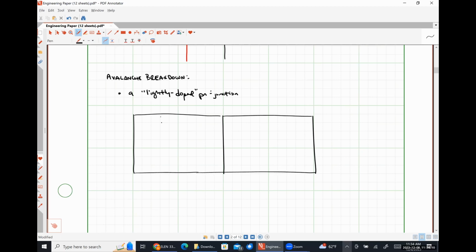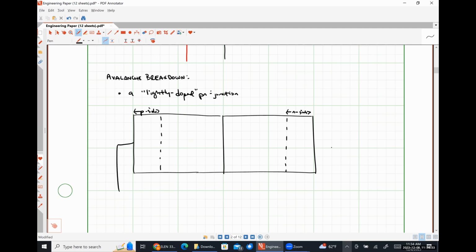We're putting a hell of a reverse bias on it. So the width of the depletion region is going to be pretty huge. So this is our neutral P side. Over here is our neutral N side. Everything in between is our space charge region.